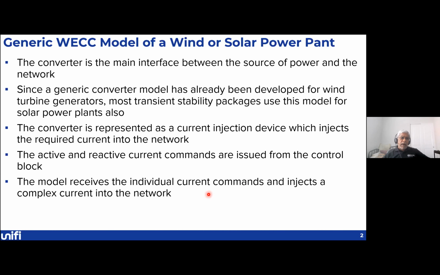And in these early models, the converters were largely represented as current injection devices, which would inject the required current into the network. And behind this framework, the active and reactive current commands were issued by appropriate control blocks. And the model basically receives individual current commands and injects a complex current into the network.